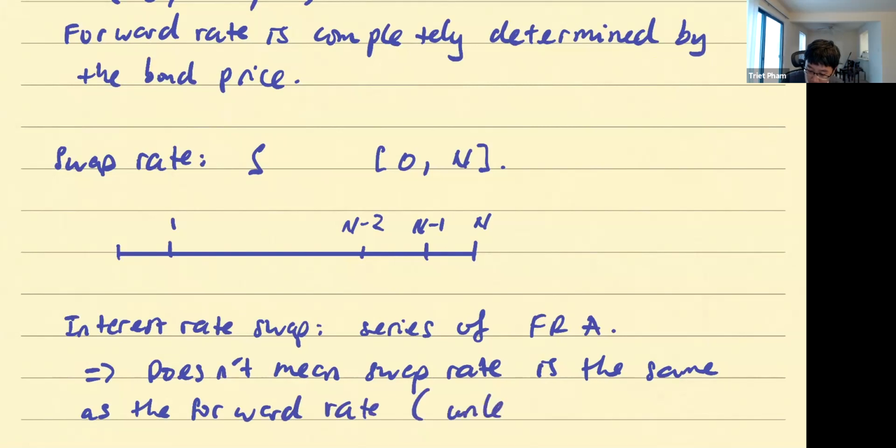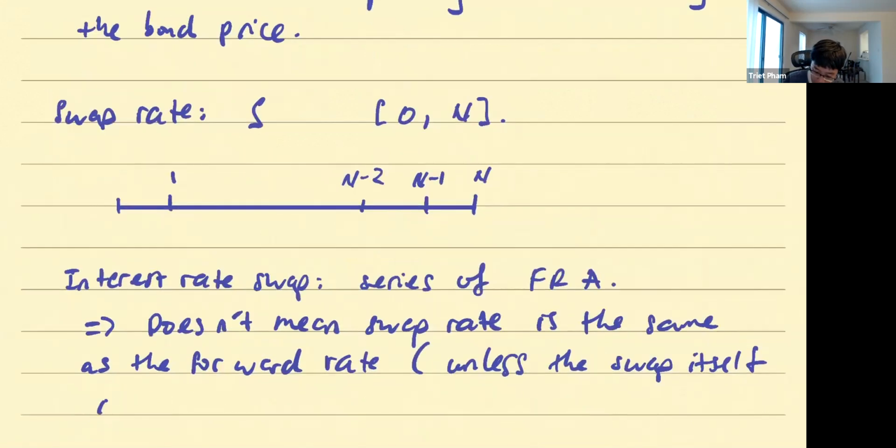Unless the swap itself is a forward rate agreement, meaning the swap has only one period. Then by definition the two rates are the same. But in general, each period's forward rate agreement has a different rate, while the swap rate is one grand rate for the whole period.